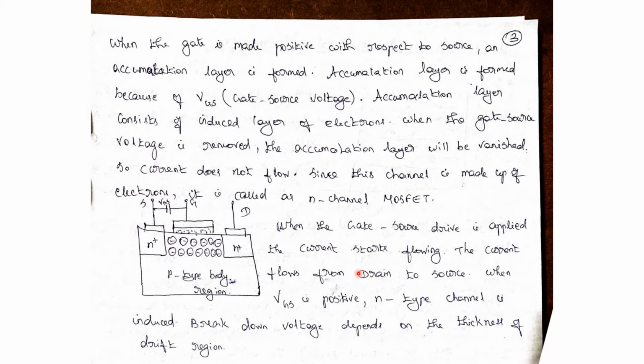Then free electrons will be there. These free electrons will get more kinetic energy and knock off other atoms to release more electrons. If we want to switch off the MOSFET, we remove this VGS, the gate source voltage. Then immediately the accumulation layer will vanish and the MOSFET will be switched off.